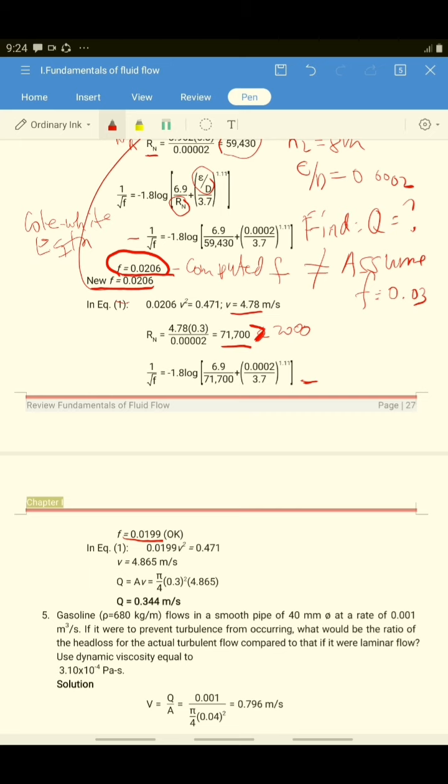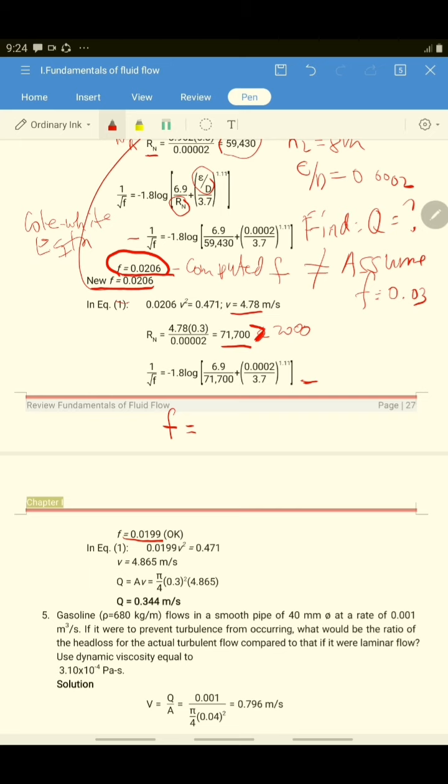So I guess there's something wrong with the computation. I would like you to continue this one in your notes, okay? Here you try to get the answer following the procedure.